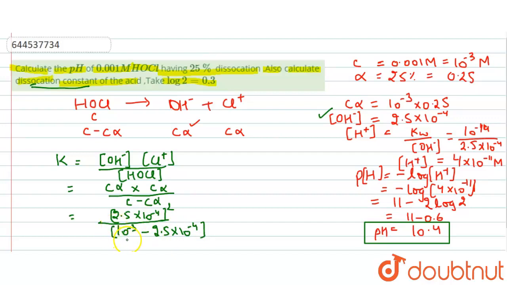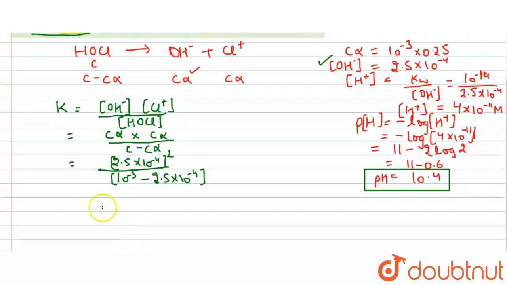Okay friends, after this, let's solve the denominator part first. 2.5 into 10 raised to power minus 4 whole square divided by, it will come out as 7.5 into 10 raised to power minus 4.